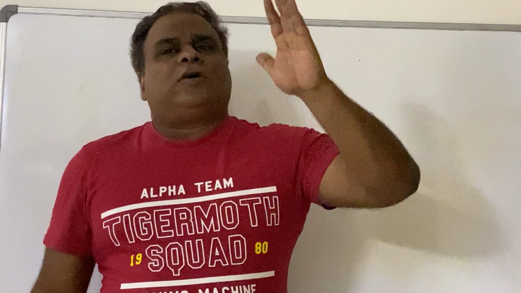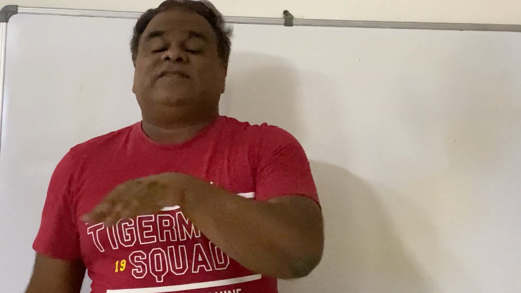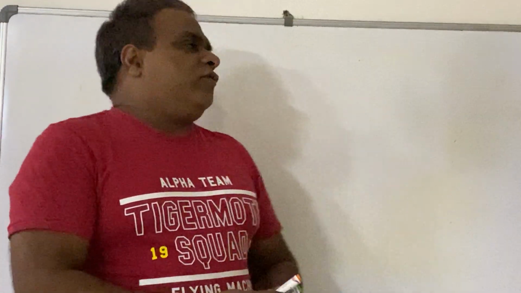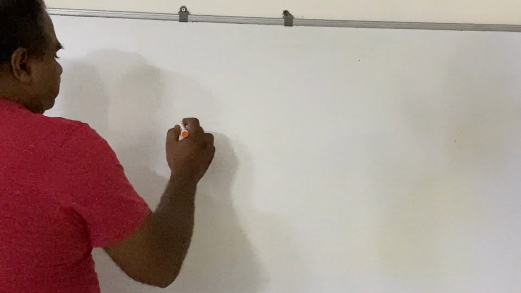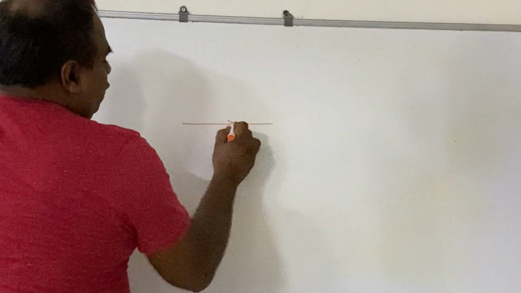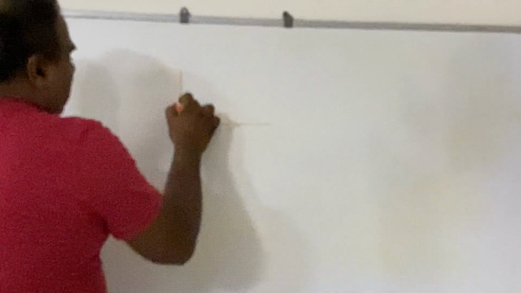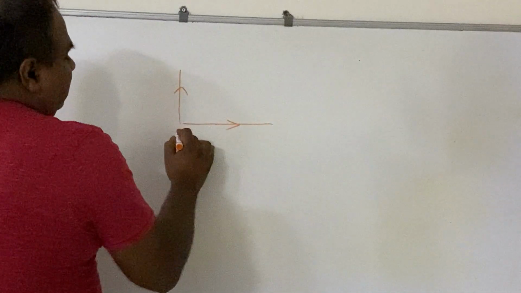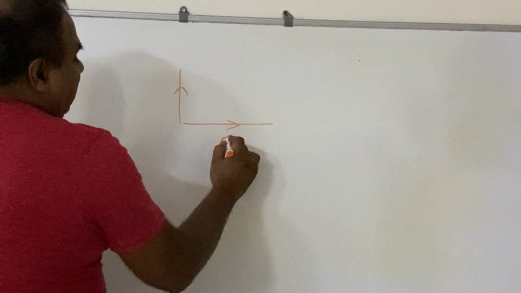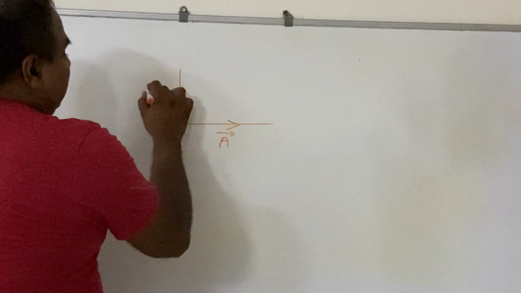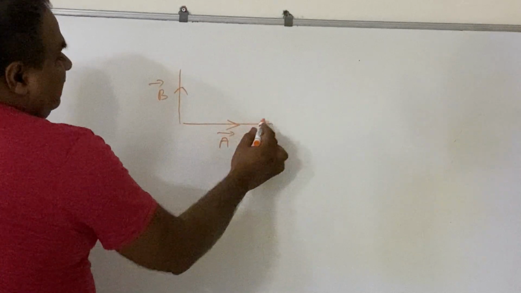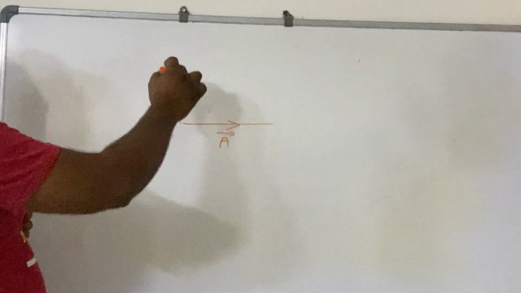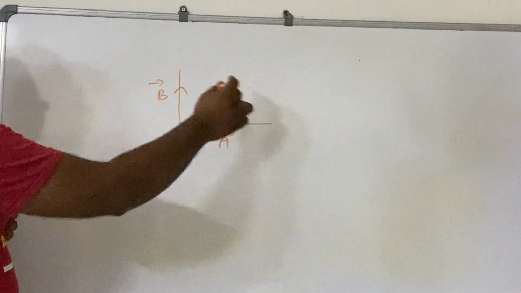Reverse order means if two vectors, one is in clockwise direction and another is in anti-clockwise direction. For example, these two vectors are in reverse order. This is vector A and this is vector B. Vector A is in anti-clockwise direction, vector B is in clockwise direction.